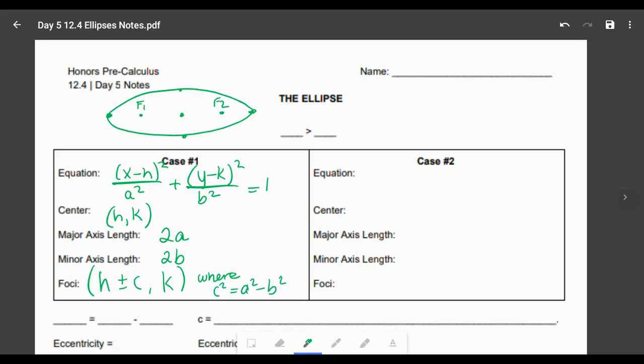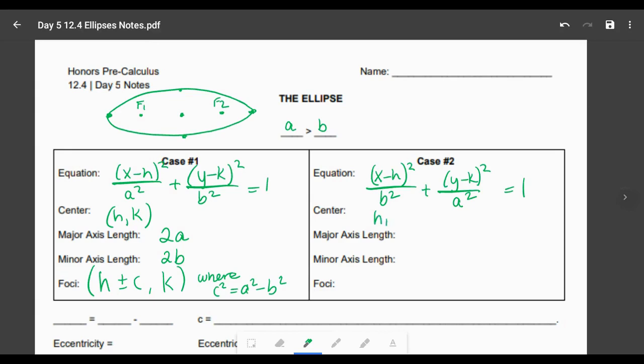All right, the secondary case is where the ellipse is longer vertically than it is horizontally. It's a very similar equation, except since a is always going to be larger than b, the major axis in this one would be vertical because it's in the denominator of the y fraction.